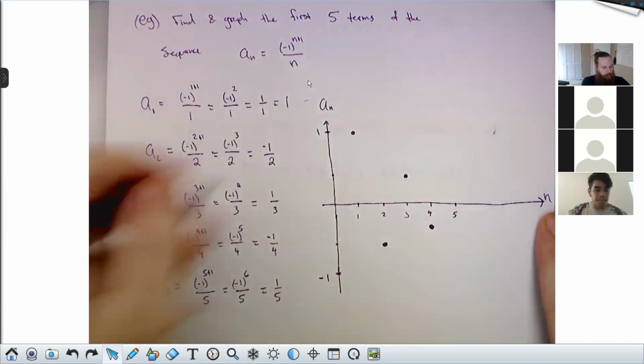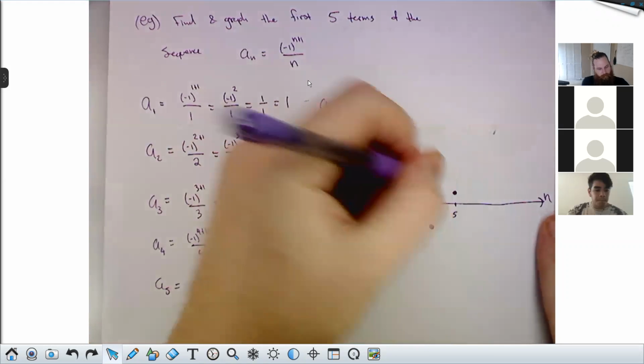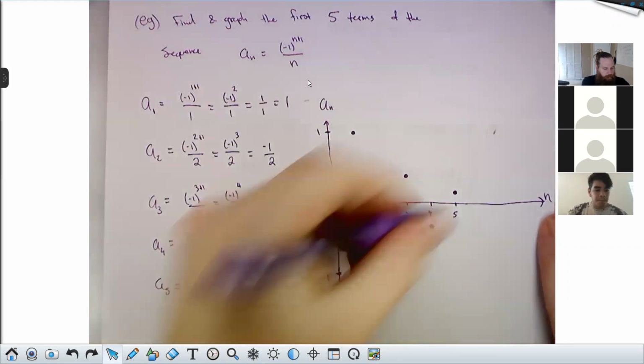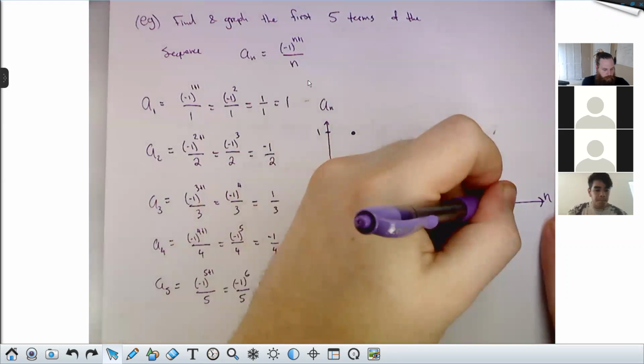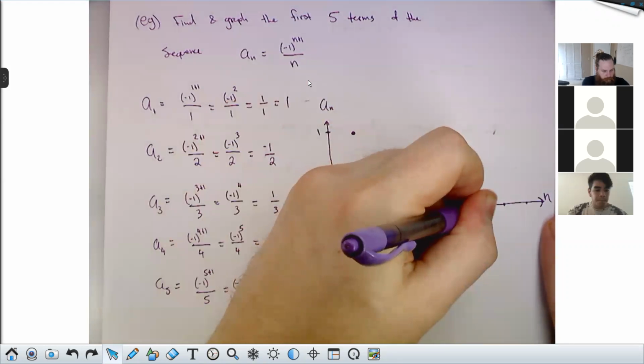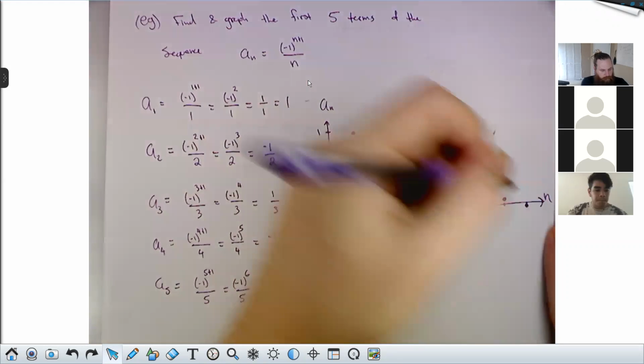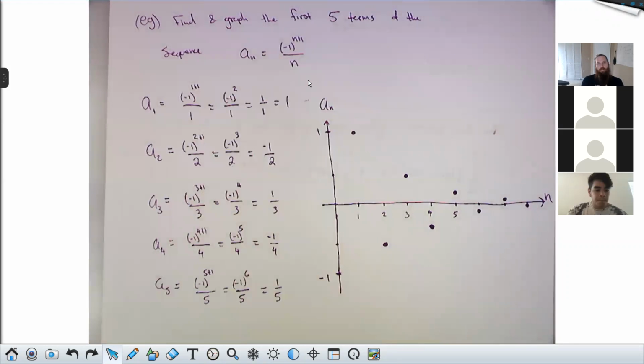And A5 is +1/5. That's going to look like this. And you can kind of guess and see how the rest of these would look. You can kind of see a pattern. The next guy would be below here, but closer. Then above here, but closer. Then below here, but closer still. This is what the graph of a sequence looks like.